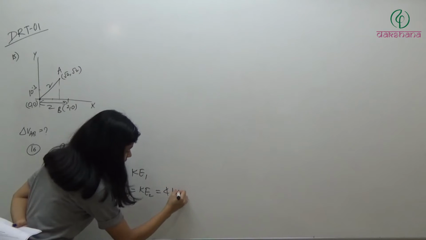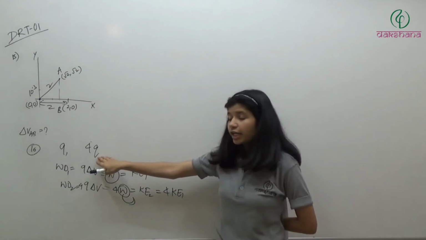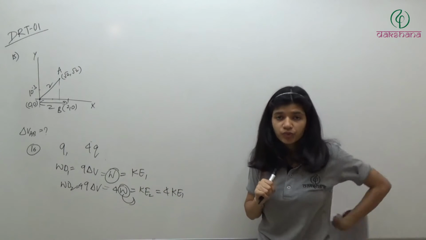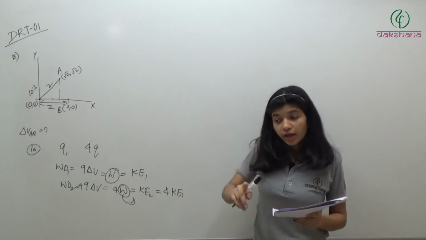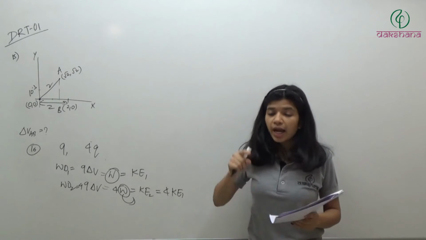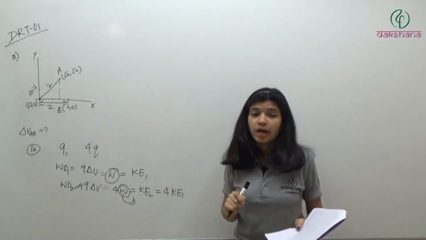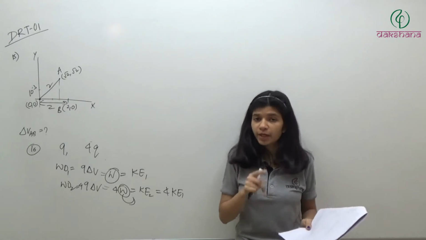So I can write 4 times kinetic energy of 1. So kinetic energy of second particle is 4 times kinetic energy of first particle. And they are having equal masses. So if they are having equal masses and kinetic energy of second particle is 4 times kinetic energy of first particle, it means speed of second particle is 2 times speed of first particle.